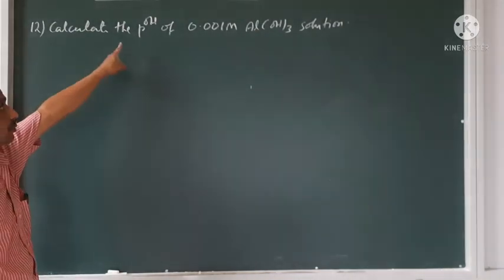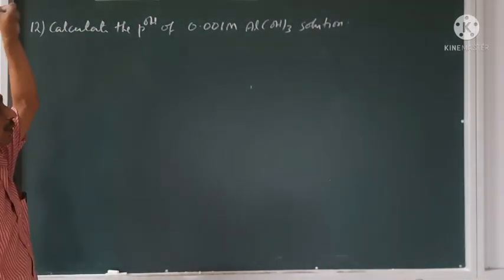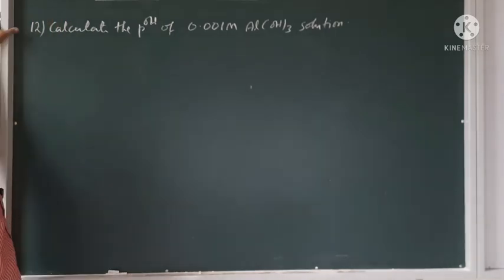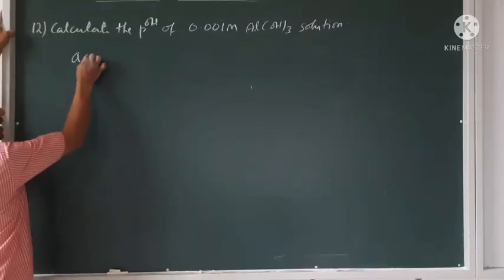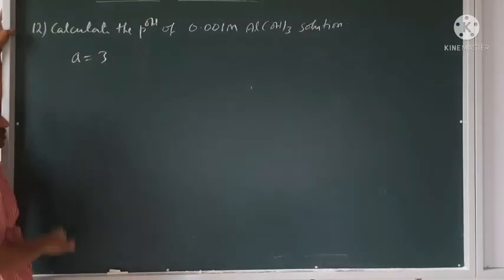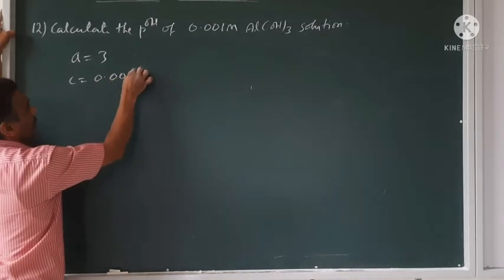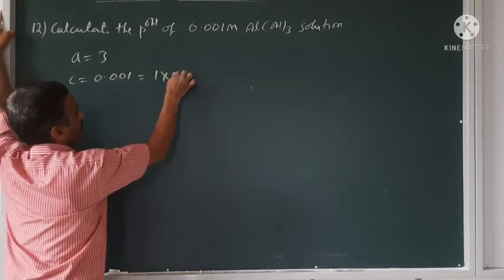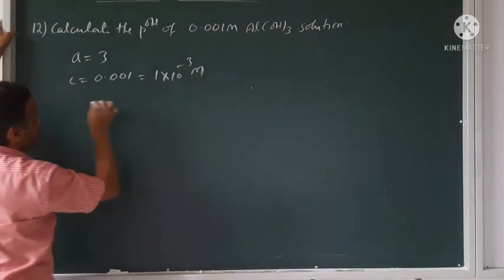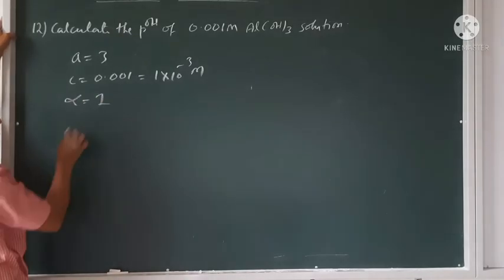Now see this problem. Calculate the pH of 0.001 M aluminum hydroxide solution. A is 3, a tribasic base. C is 0.001, which can be written as 1 into 10 to the minus 3 M. Alpha is 1.